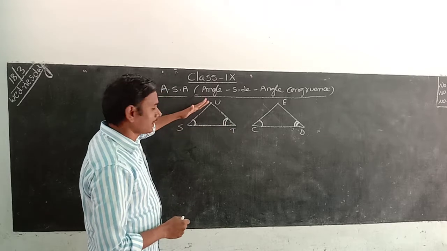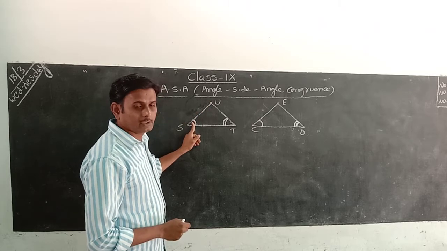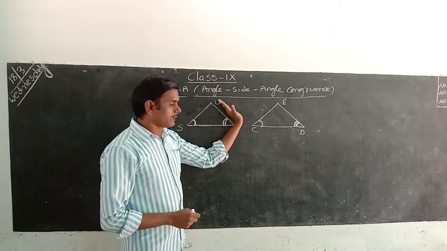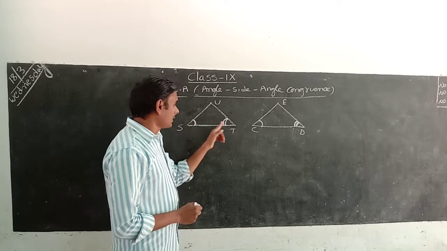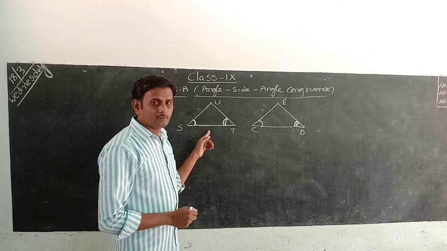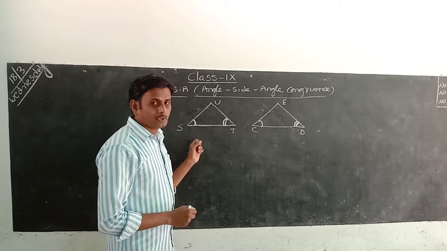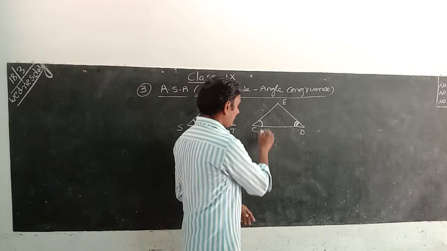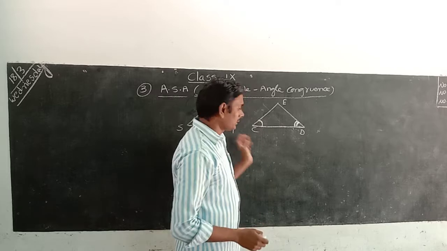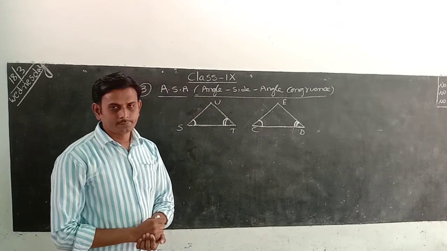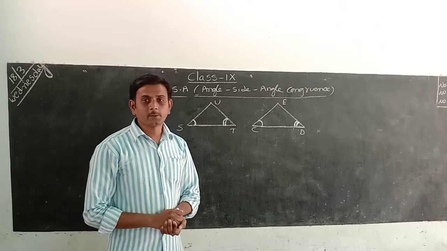If you choose this side, only one angle is available here. Two angles formed on ST are available. Similarly here also, these two angles are formed on that side. These two sides we have to make equal, and those are said to be corresponding sides.